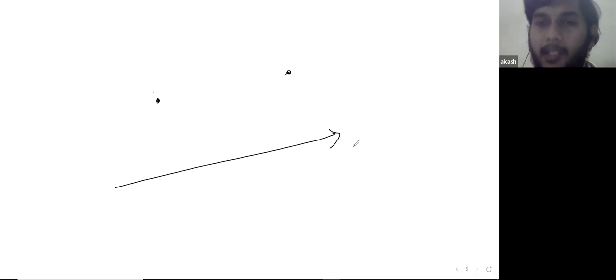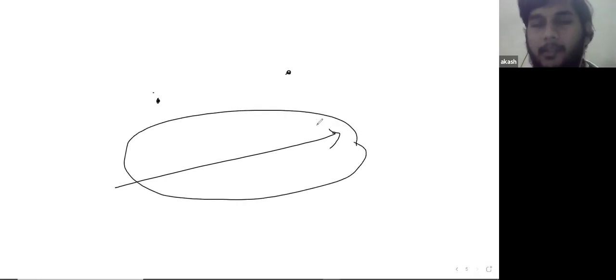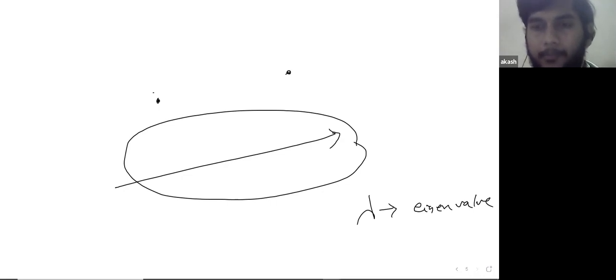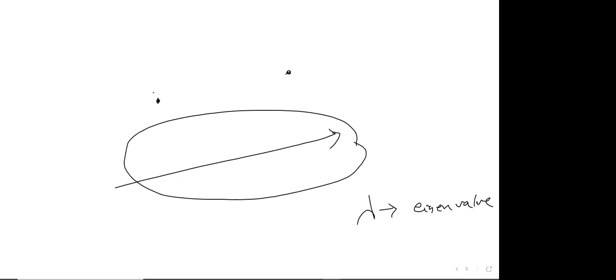But it doesn't change in direction. That is what matters. If you apply linear transformation to eigenvectors, it doesn't change its direction. It is just scaled by a number, and that number is denoted by lambda and is called the eigenvalue. Are we clear? Yes, sir.